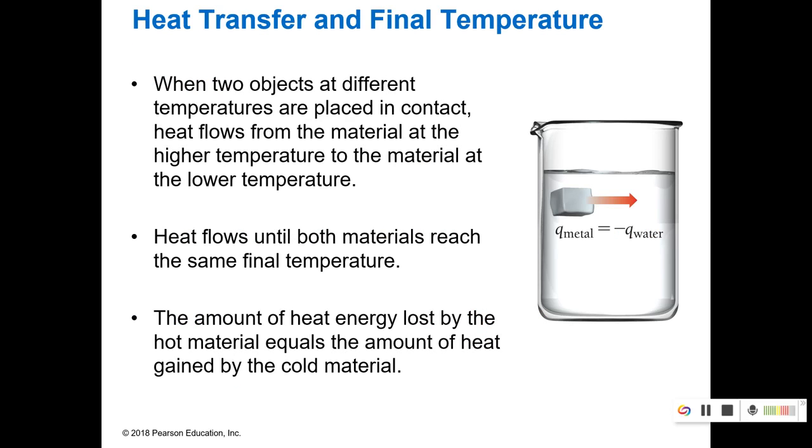So heat transfer and final temperature. This is how we often do these kind of specific heat problems. And if you see here, the energy is transferring from the metal to the water. And the only thing that's changing is the sign. And all the sign is indicating is if it's going into the system or out of the system.